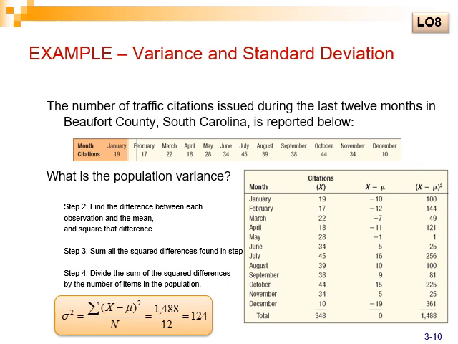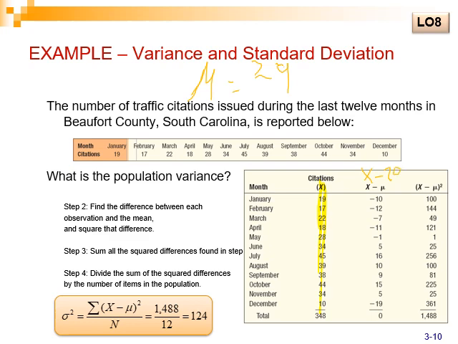Now we have the values given in this column, x's, and computing the mean, we find it equal to 29, mu equal to 29.